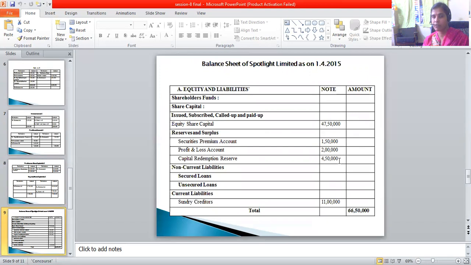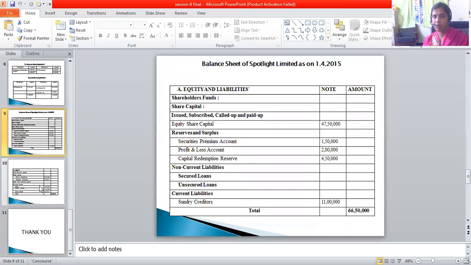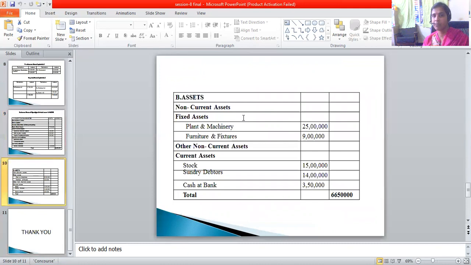Capital redemption reserve is 4,50,000. So there is no change in the sundry creditors. So that is written as it is, and 66,50,000 is what you get on the liabilities, capital and liabilities. Going by the asset side here, investments have already been sold. So plant and machinery is untouched, so it will be as it is. Furnitures and fixtures are as it is.